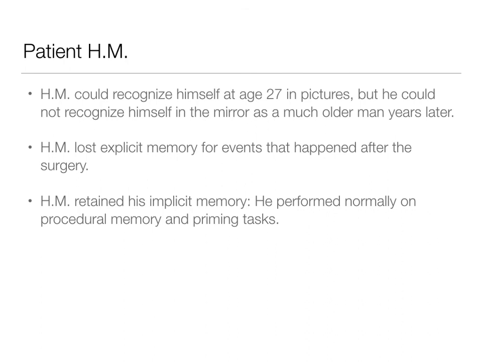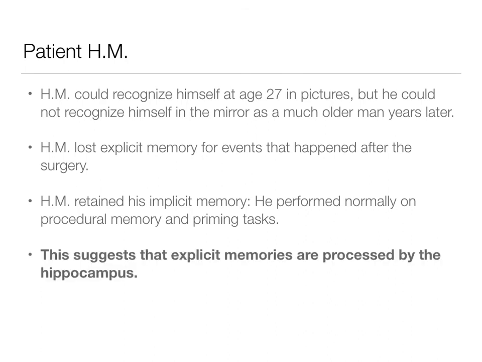One of the major areas that was removed was his hippocampus. And what HM really taught us was that the hippocampus is very, very important in the formation of explicit memories, how important of a role the hippocampus plays in encoding this information. Now, again, we're not talking about storage.